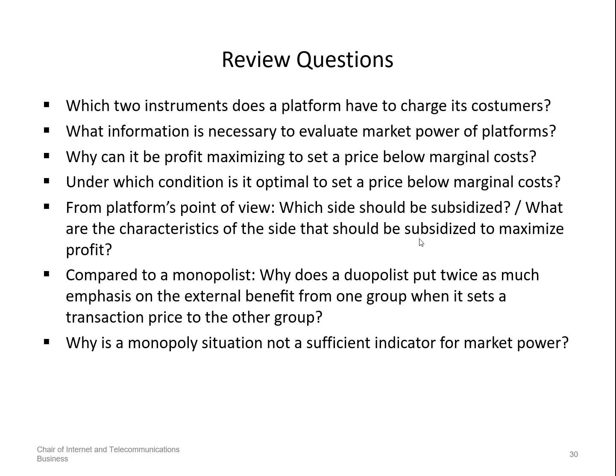What are the characteristics of the side that should be subsidized to maximize profits? Compared to a monopolist, why does a duopolist put twice as much emphasis on the external benefit of one group when it sets a transaction price to the other group? And why is a monopoly situation not a sufficient indicator of market power?